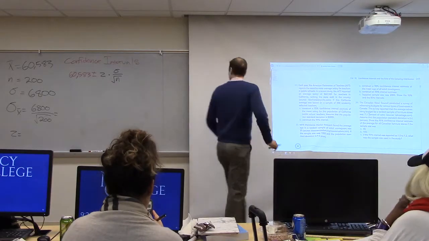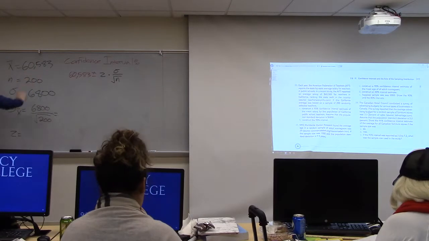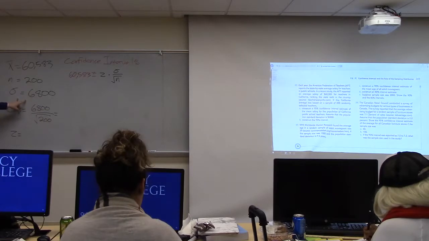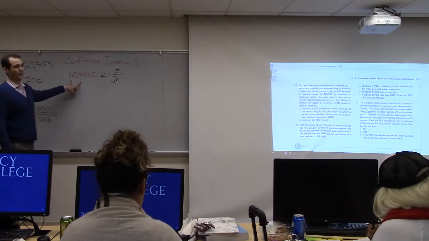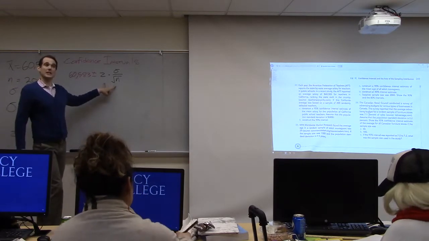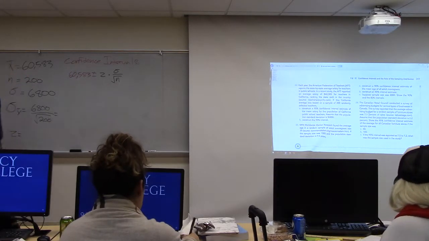We find a sample mean of 60,583 out of those 200. We know the population standard deviation is 6,800. So our confidence interval is going to be our 60,583 plus or minus some number of standard errors. Let's calculate our standard error.